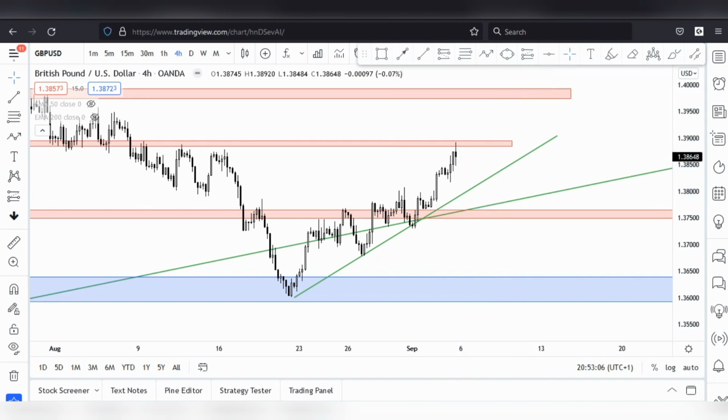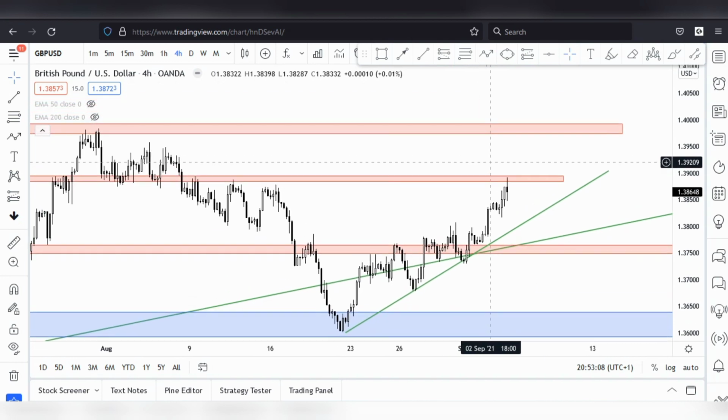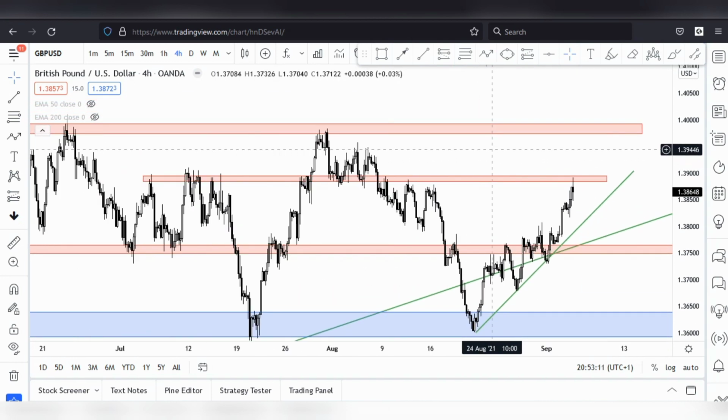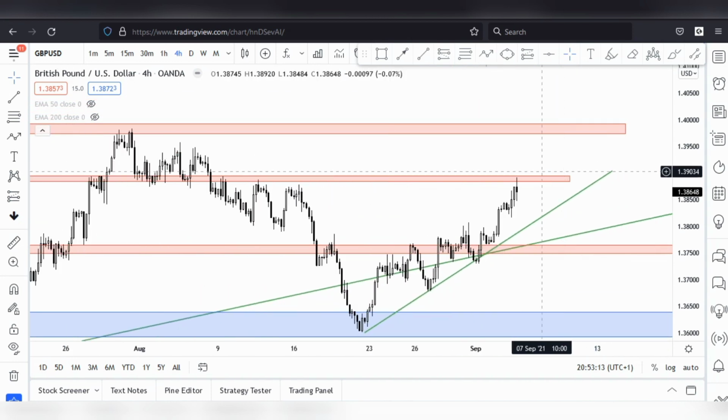But to be on the safer side and to be 100% sure that price is going to buy, it's when there is a break above this resistance level. A break above this resistance level would definitely mean that price will continue to the top. So you wait for a break and a retest. When price retests this level, you look for a bullish signal and enter your trade to the top.